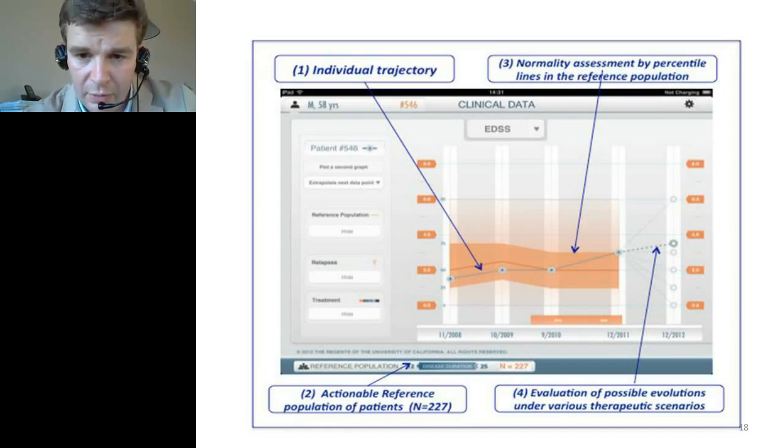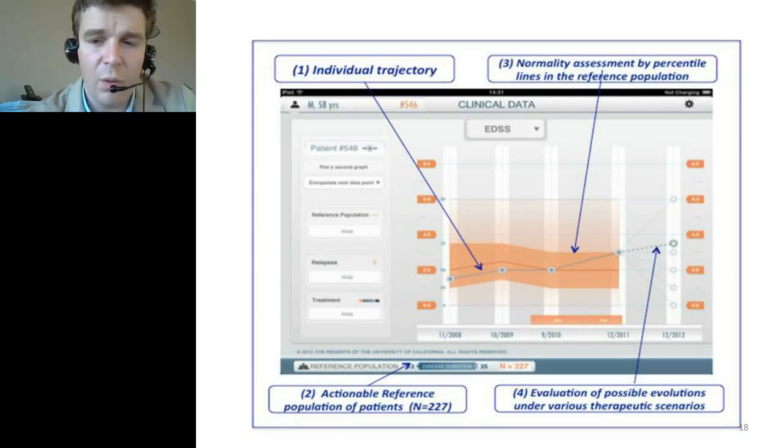And so you can see that, and I haven't really showed that, but essentially here we're showing relapses and treatments as a bar. And again, if you have the infrastructure to do that, it's opening lots of possibilities.